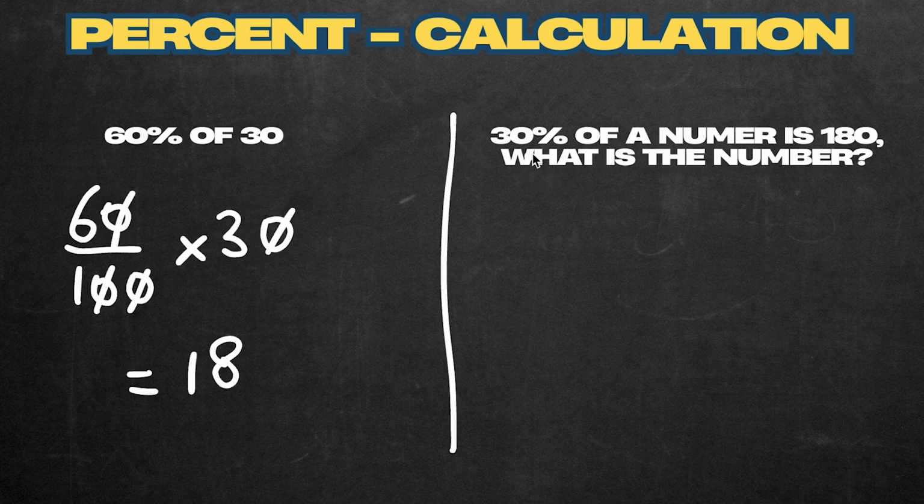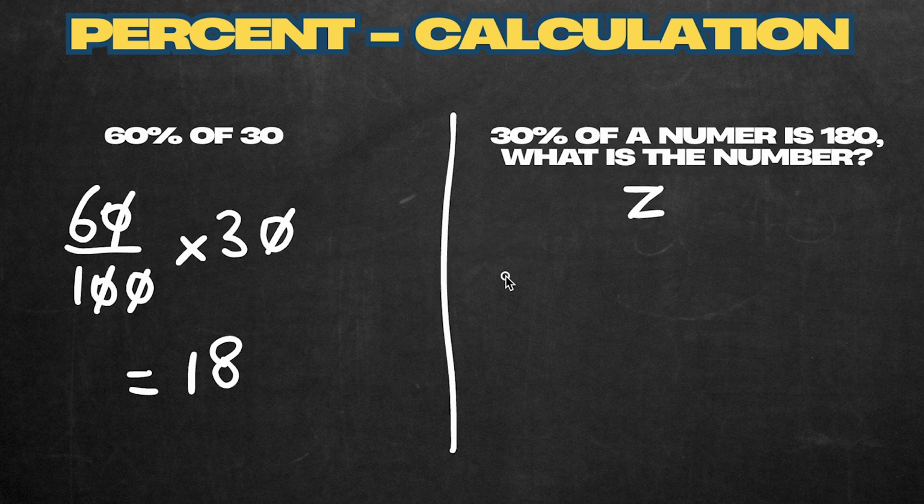Now this question says 30% of a number is 180. What is the number? There is some number we don't know. Let's assume that number to be X. Actually, for ease of calculation, because multiplication X looks confusing together, let's assume the number to be Z. So 30% of Z is 180.